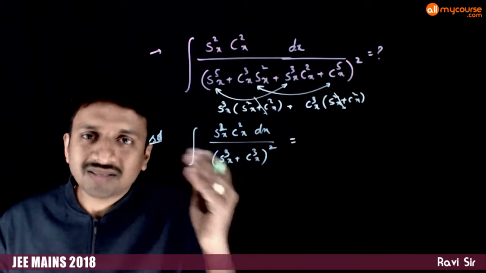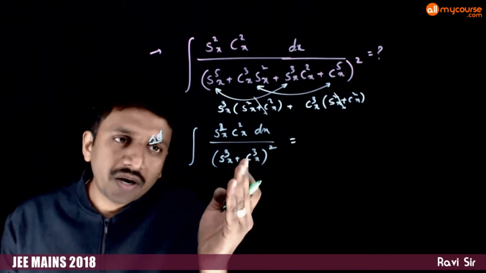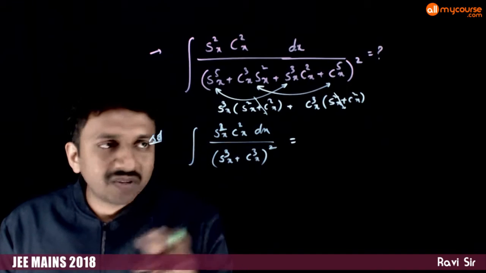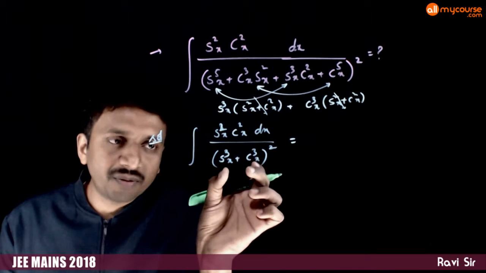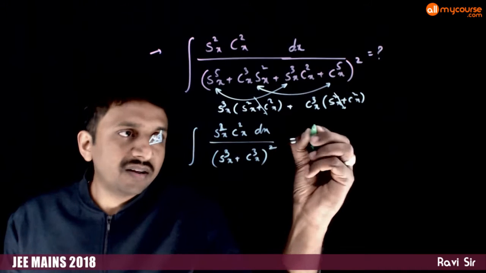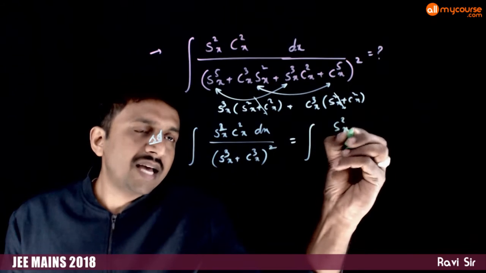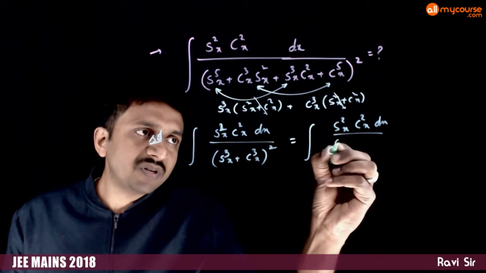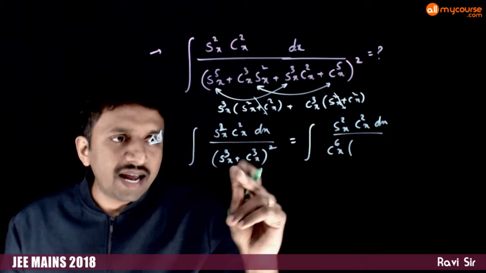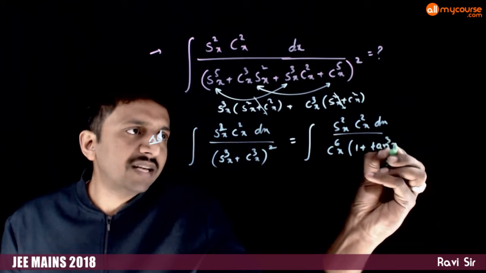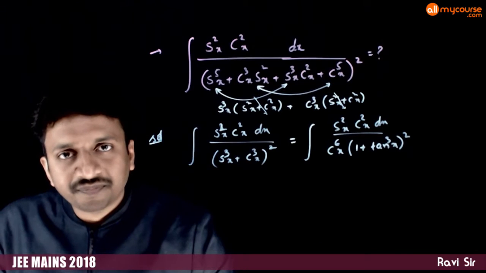Now, once the denominator is simplified, I'll bring a cos³x outside. If I take cos³x common from these two and bring it outside the square, you get cos⁶x outside and (1 + tan³x) whole square left inside.